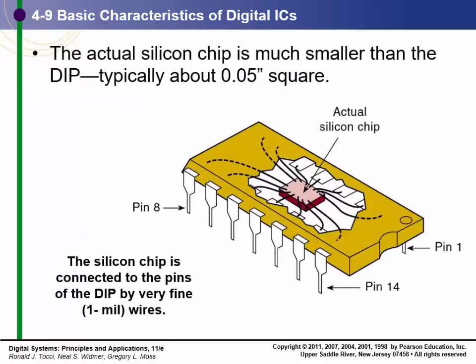Internally, this is kind of an interesting slide, and I want to point this out. When they make a chip, it's a round piece of silicon wafer. When I was a kid, and I don't think it's done much in schools anymore, we used to make rock candy.